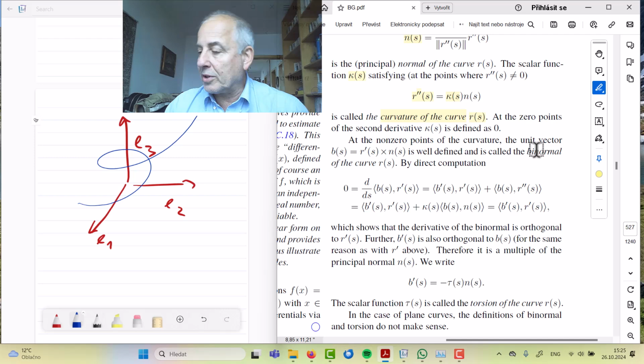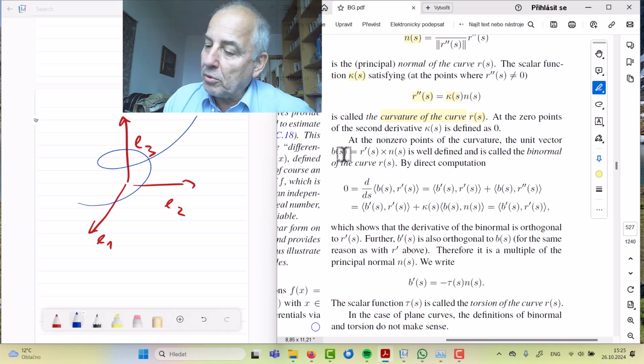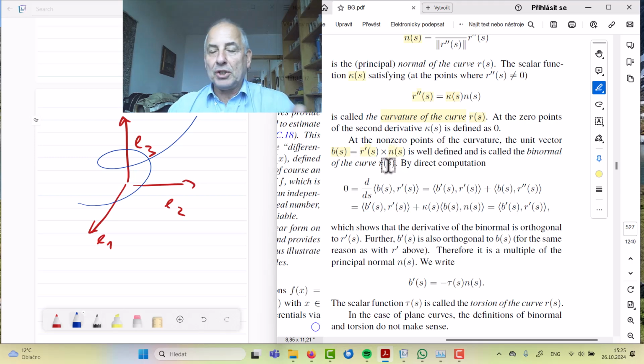Right, and what can we do more? We can now look at the binormal, which is the vector product, as I told. Well, just to normalize it, we take the derivative, which is of length 1. We take the normalized normal, the principal normal, which is the N(s) defined right now, and that's what we call the binormal of r(s).